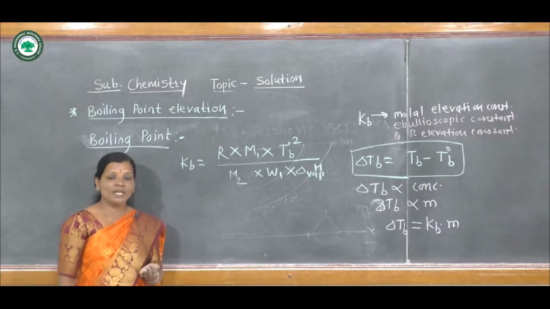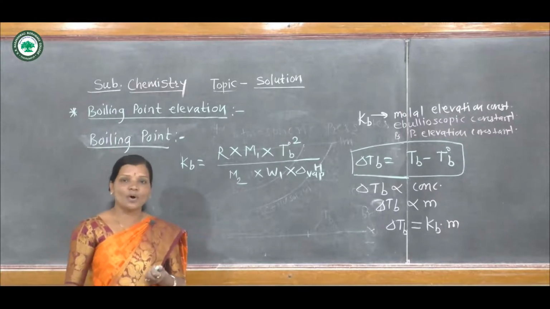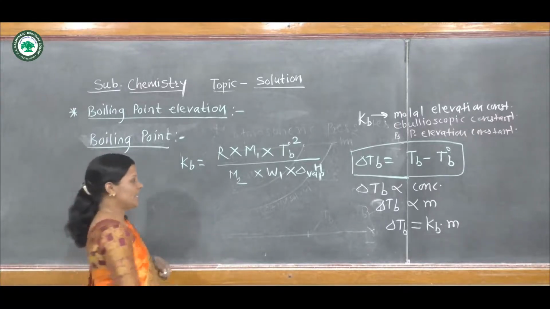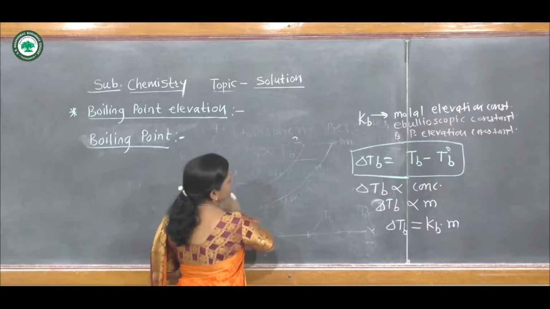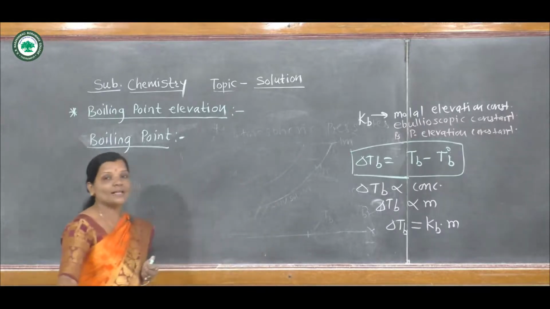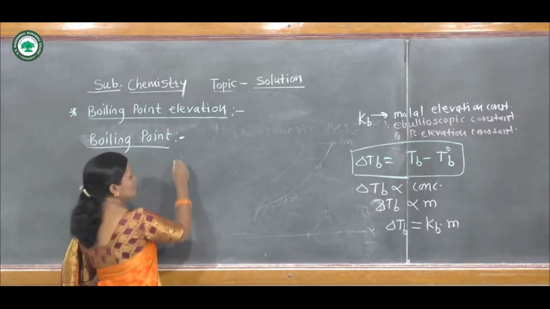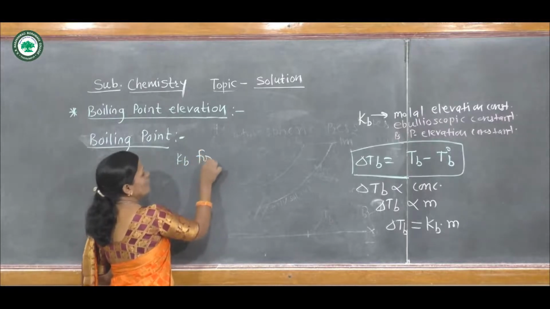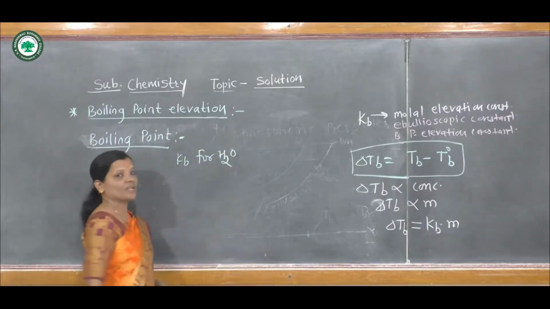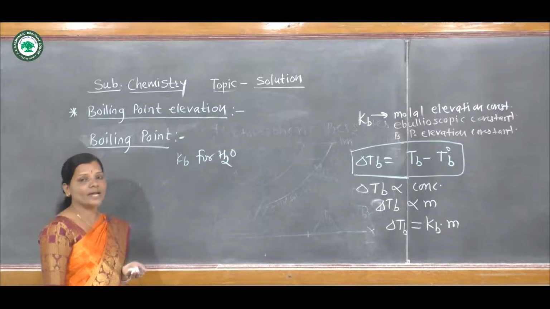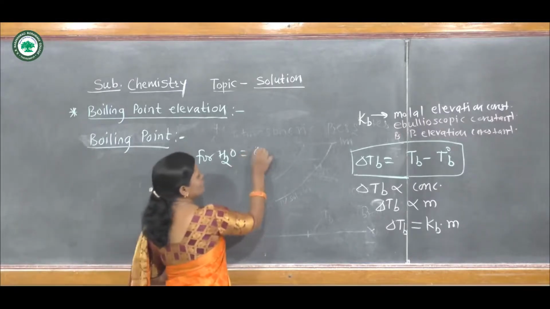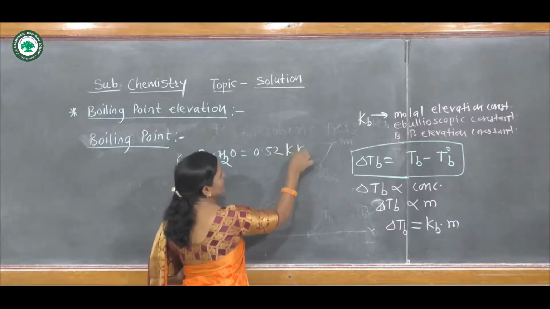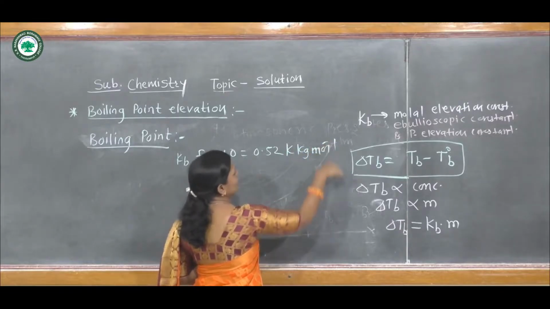Now this Kb totally depends upon the solvent, and hence here we should know the value of Kb for water solvent, and that is given as 0.52 Kelvin kilogram per mole.